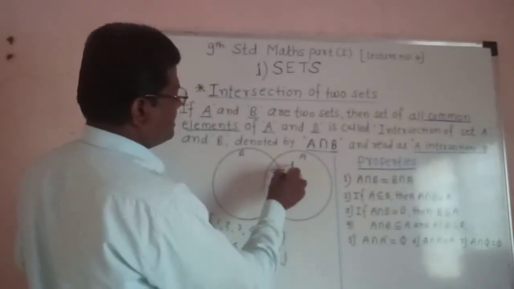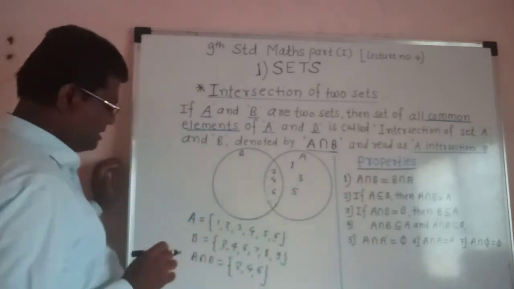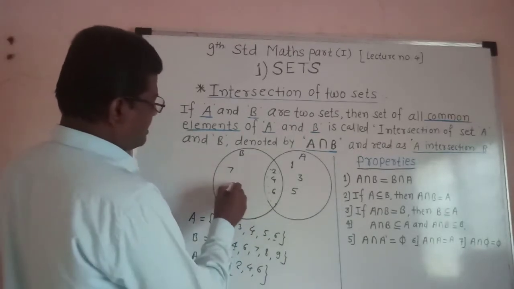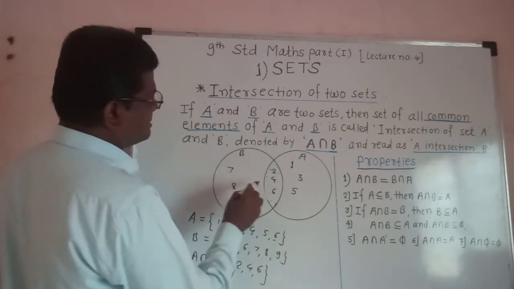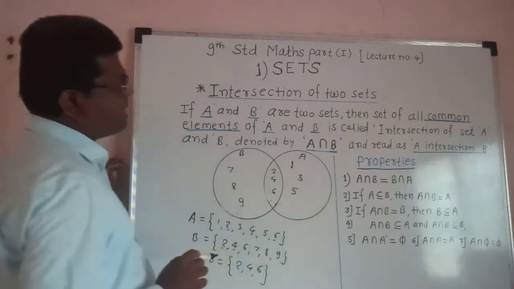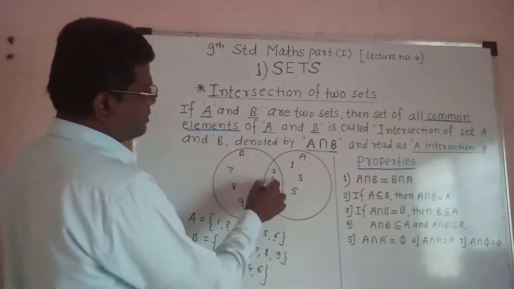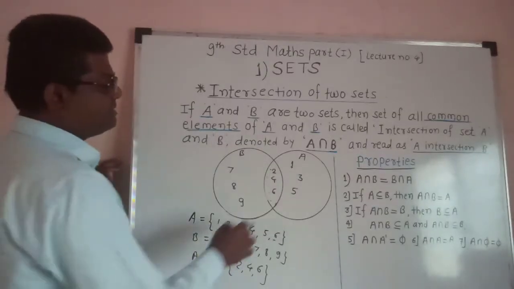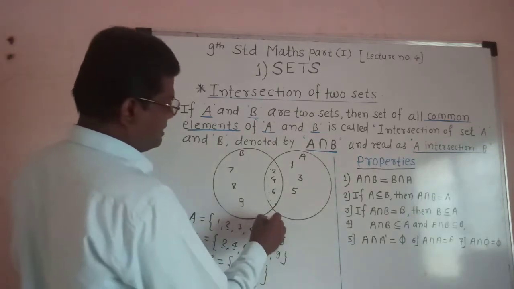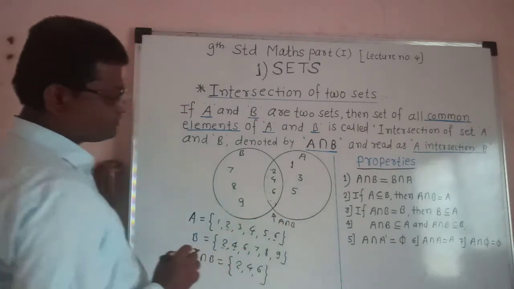So set A contains the elements 1, 2, 3, 4, 5 and 6, and set B has the remaining elements 7, 8, 9. So set B contains the elements 2, 4, 6, 7, 8, 9, and common elements for both these two sets are 2, 4, 6, and the set of these elements is called the intersection of A and B, and we write here intersection as A intersection B.